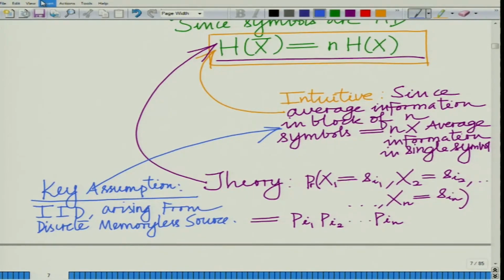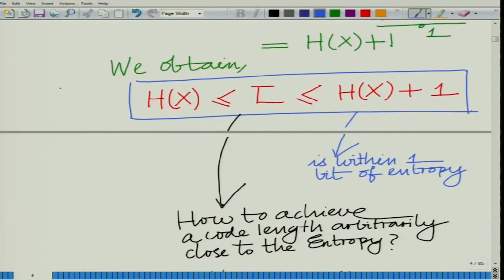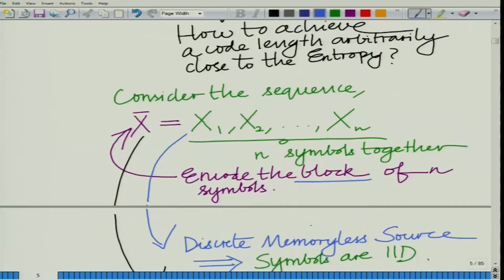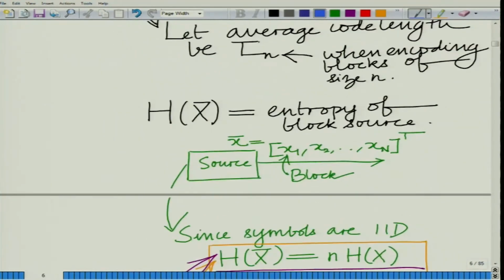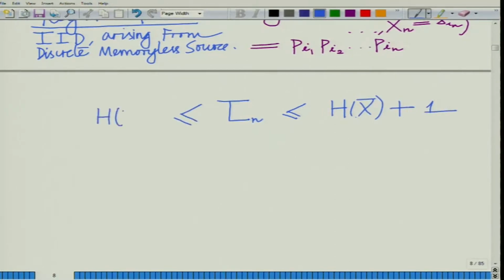Now, the previous result that we have derived for the source is also applicable to this block source. Therefore, L bar n, the average code length for this block source comprising n symbols, is less than or equal to H(X) bar plus 1, and greater than or equal to H(X) bar.